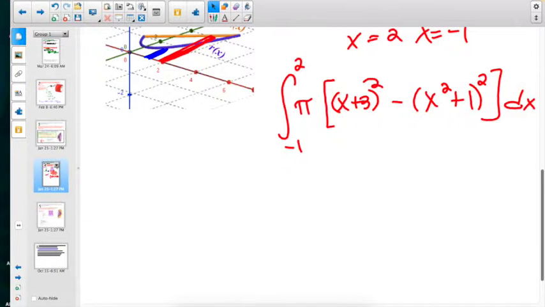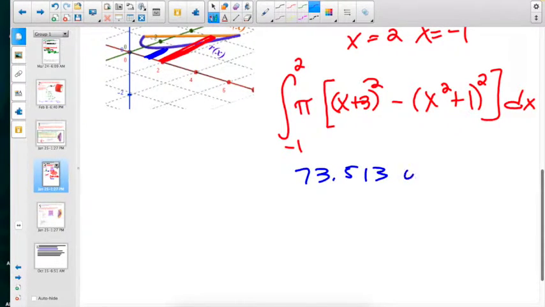Okay, did you include your pi? You did. What if you divide pi out? Just curious. Tyler's getting 73.513 units cubed.